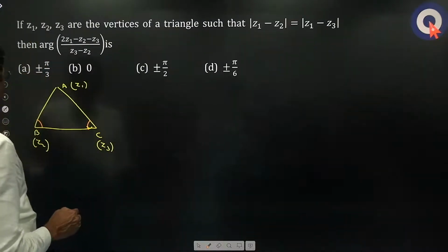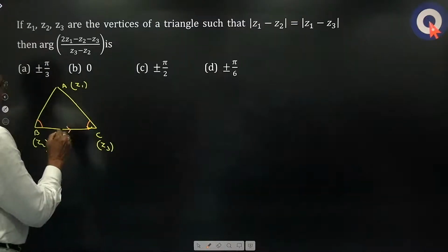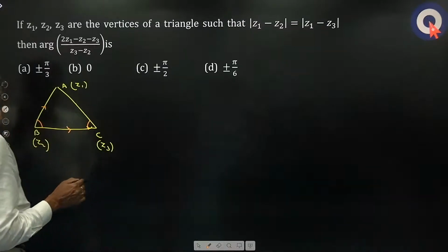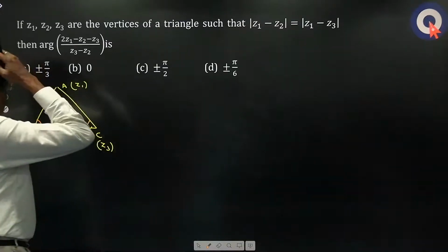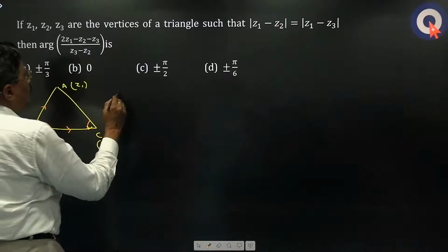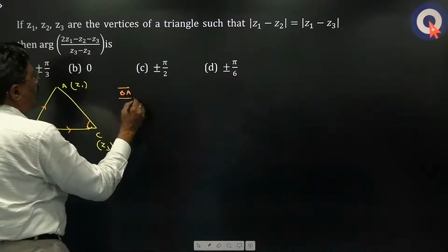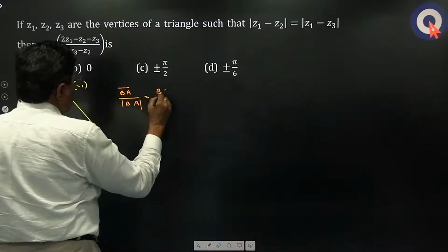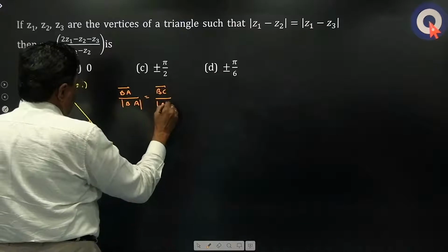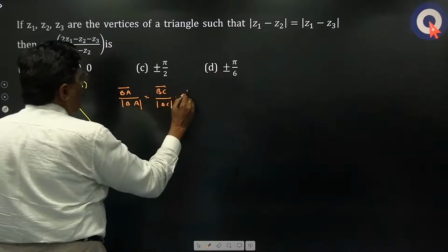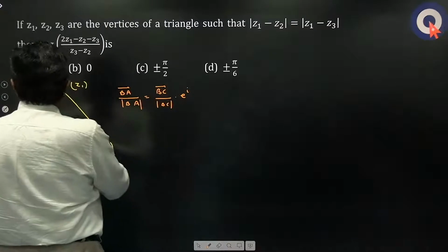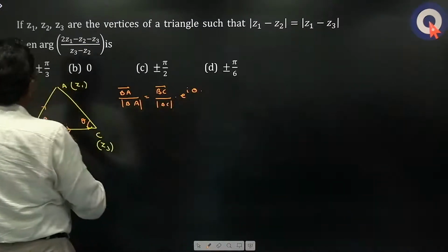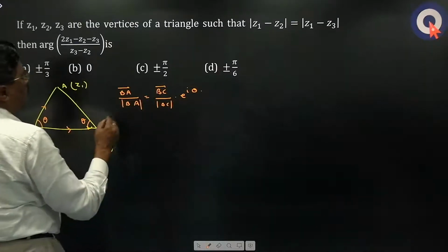All right. So what I will do, I will consider rotating BC to make it coincide with BA in the anti-clockwise sense. So the final vector is BA. The final vector in the unimodular form is equal to the initial vector BC in the unimodular form into e to the power of I theta. Let us call this theta. So BA, BC, there is no link. All right.